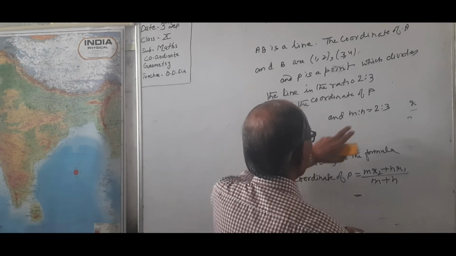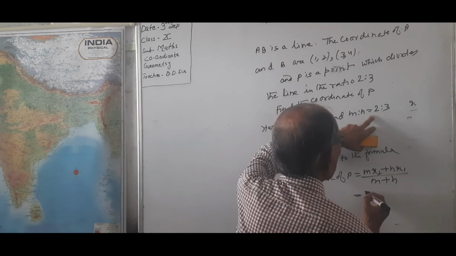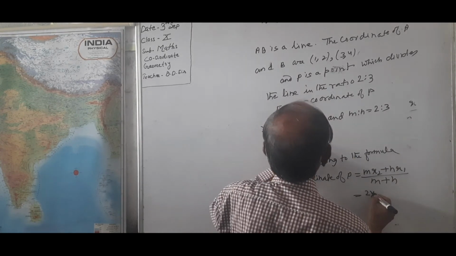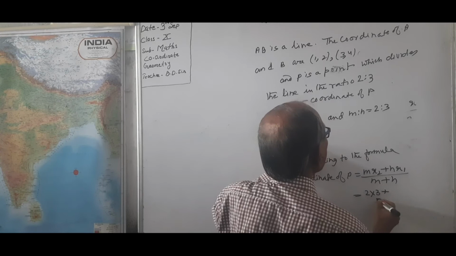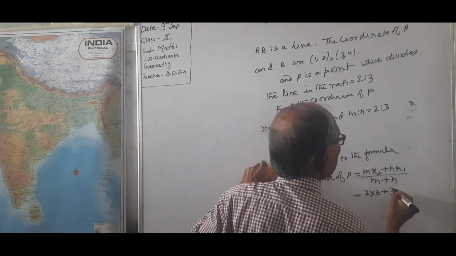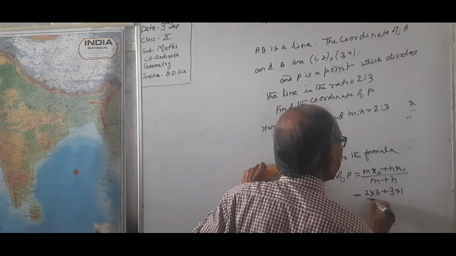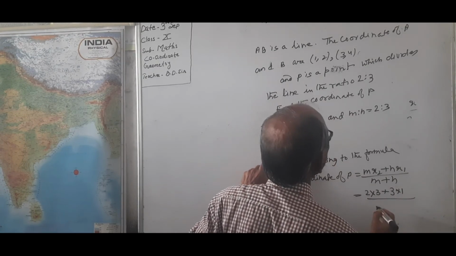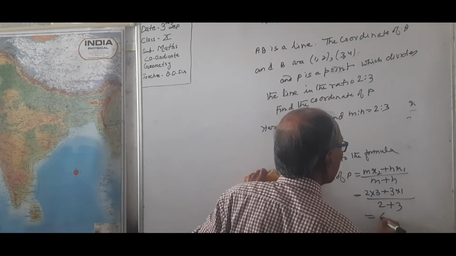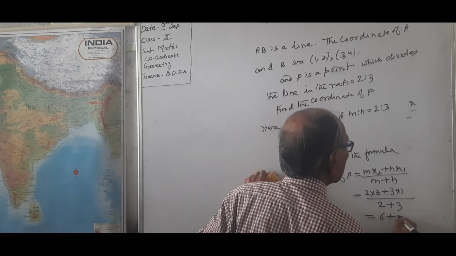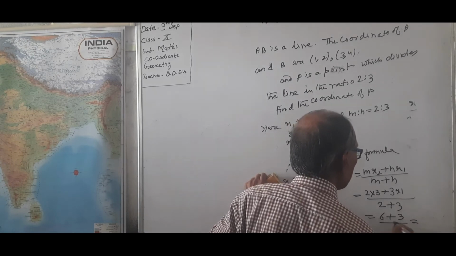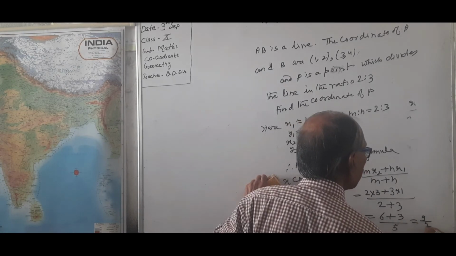M is 2 into x2, 3, plus n, 3, into x1, 1, by m plus n, means 2 plus 3. 6 plus 3 by 5 is equal to 9 by 5.